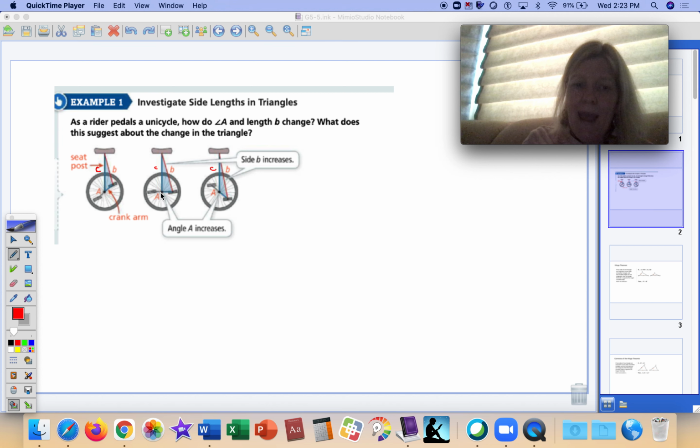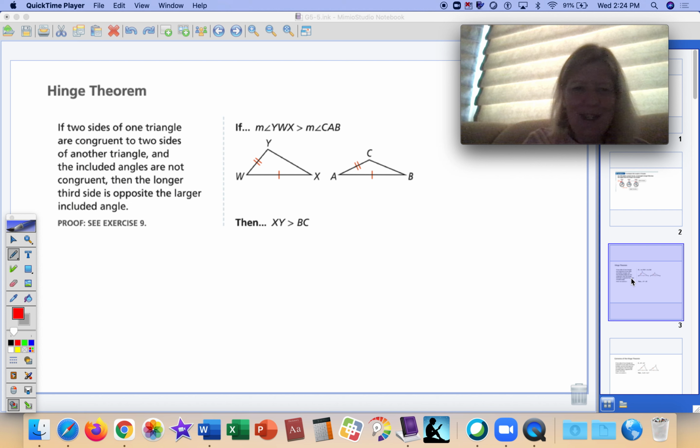So if you have side, and then you look at the included angle, the larger angle will be across from the larger side. So let's look at how they say it, because they say it better than I'm saying.